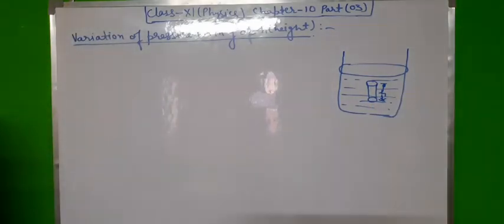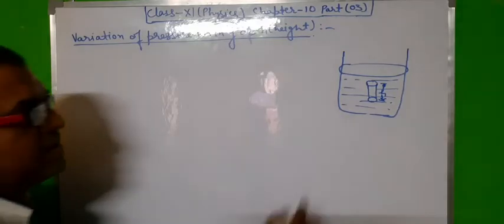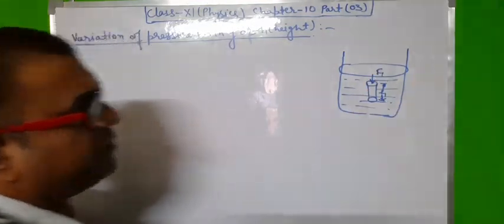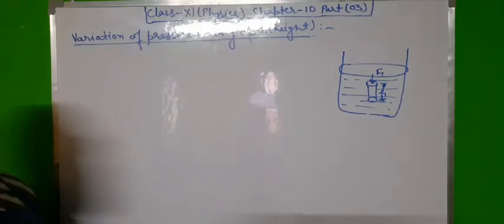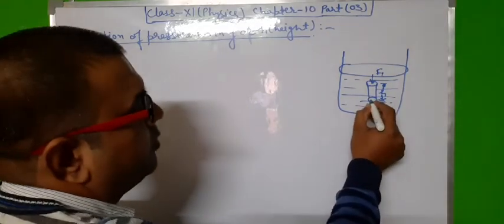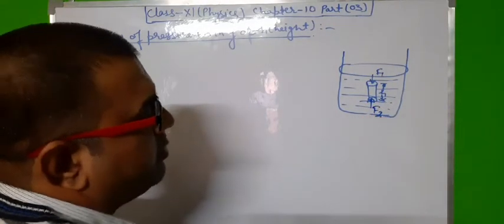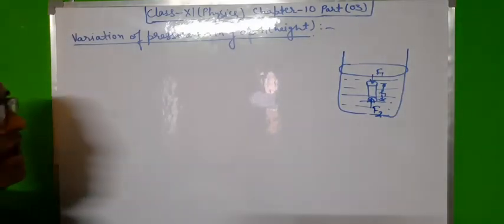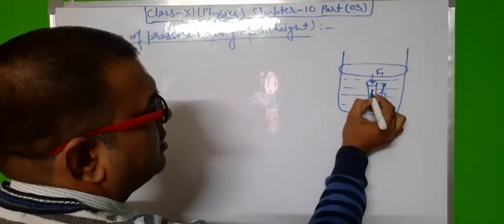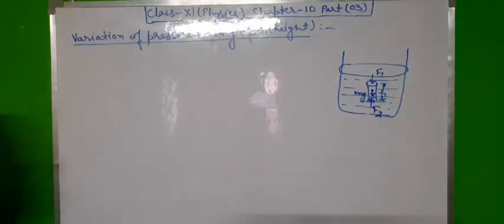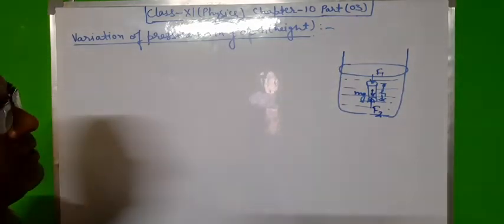Now, look at here, students. The liquid will exert force F1 on the top cross-sectional area of this cylinder, and due to the buoyant force, a force F2 is acting on the lower face of the cylinder, and mg is the weight of the cylinder which is kept inside the liquid.